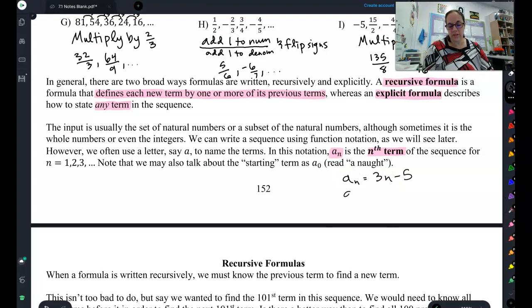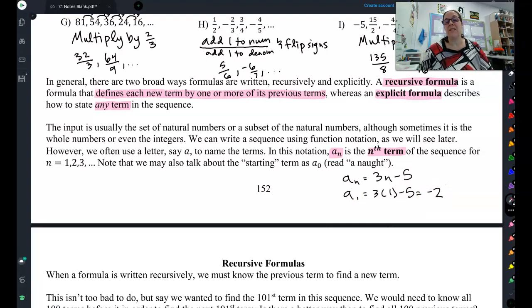So if I wanted to say the first term, a sub 1, that would be 3 times 1 minus 5, which would be -2. So the first term of my sequence is -2. This would be a good example of an explicit formula. I could plug in any term into this formula, and it gives me the answer for that term.